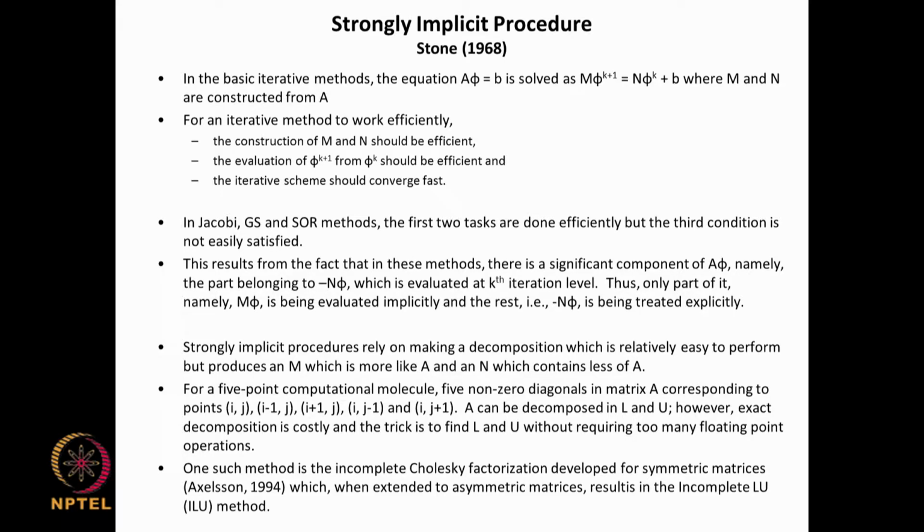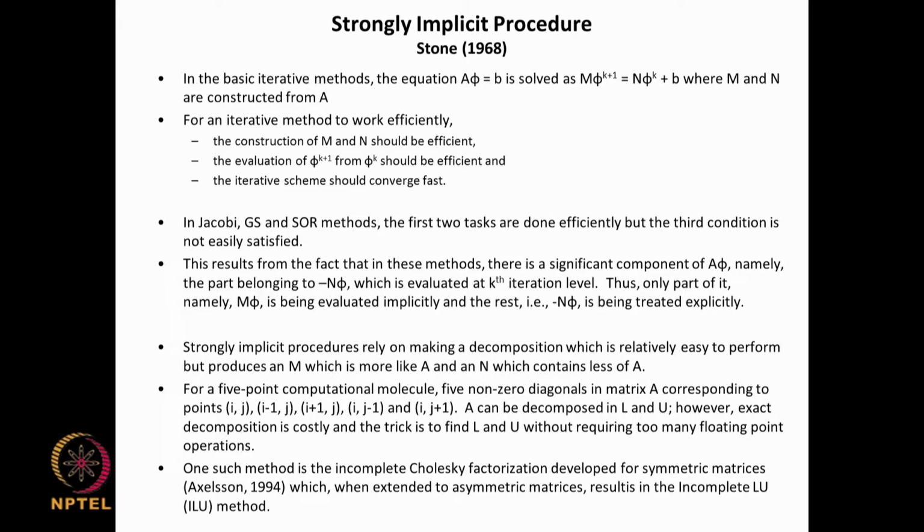In the Jacobi, Gauss-Seidel, SOR methods, the first two tasks, that is decomposition of A into M and N and the solution of phi k plus 1 from phi k, are done efficiently, but they lack the third condition, that is for large matrices you have a very slow convergence rate.